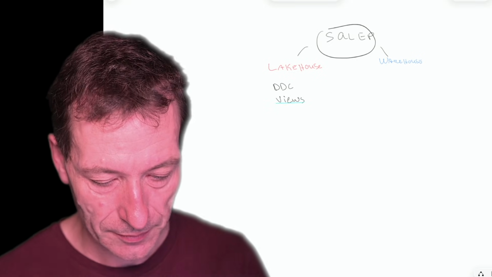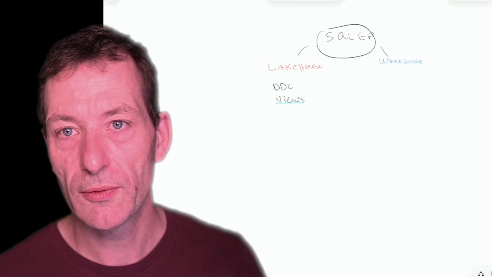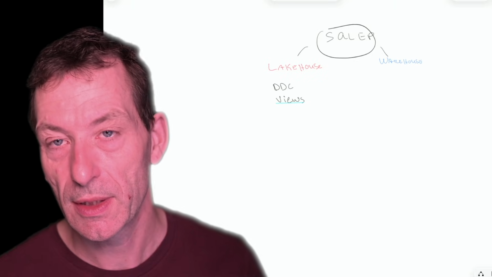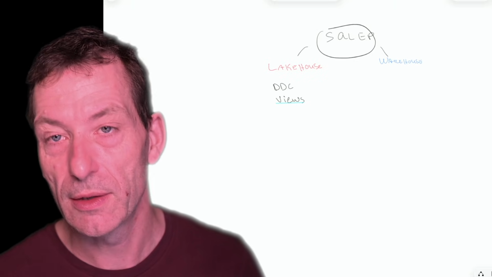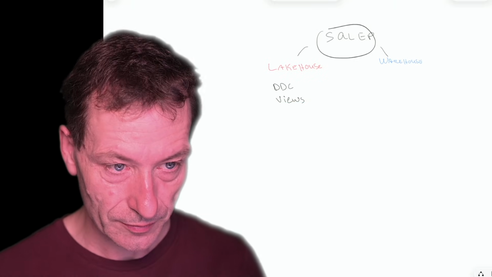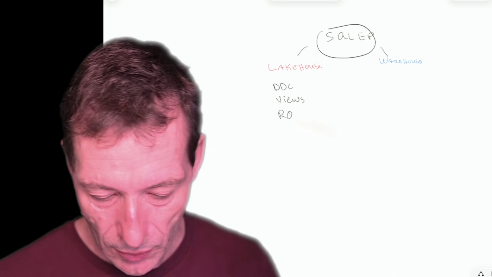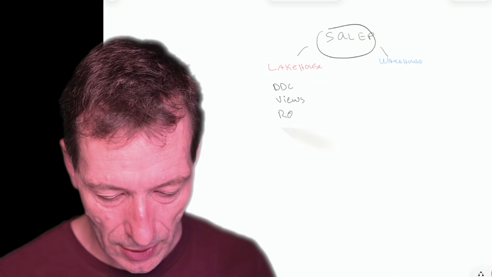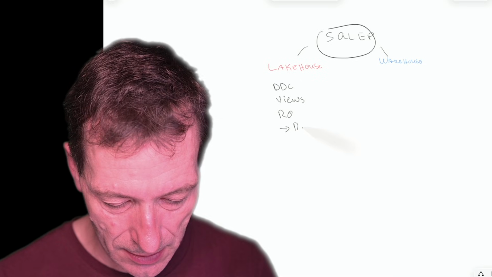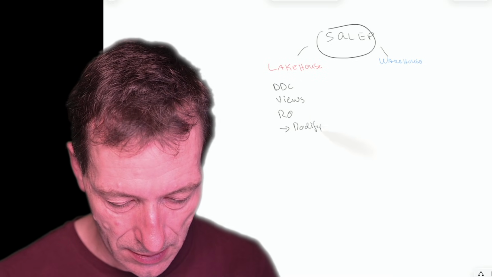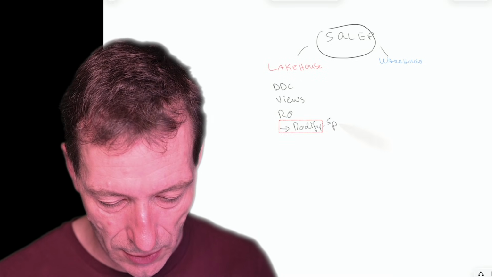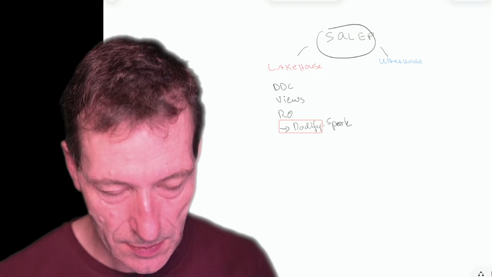And you basically don't have tables because the tables are sitting in OneLake technically, right? This is read-only. When you want to modify your data, you have to use Spark. For modification, you need to use Spark.